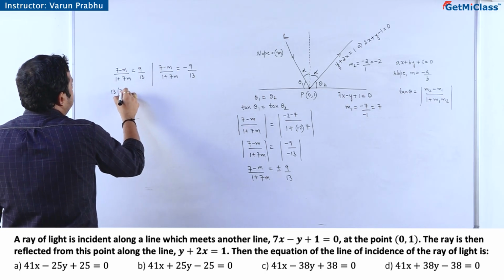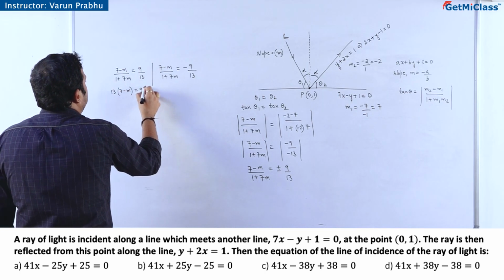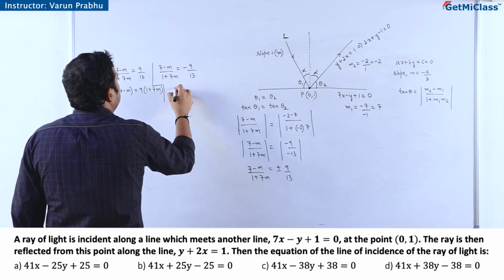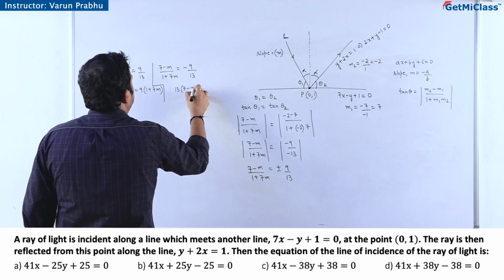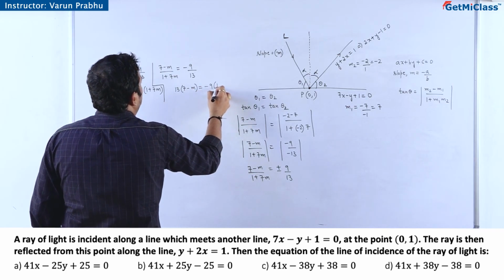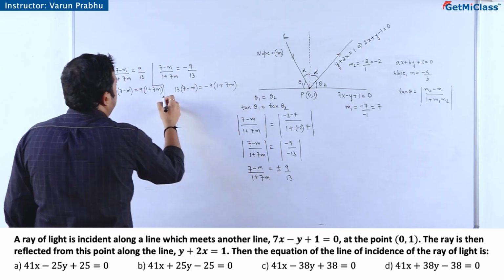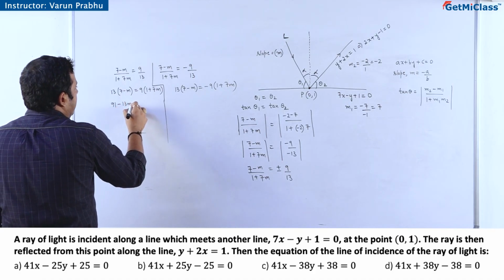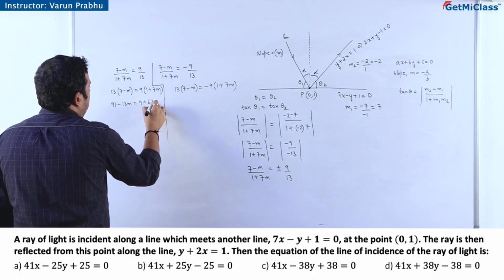So 13 into 7 minus m is equal to 9 into 1 plus 7m, or 13 into 7 minus m is equal to minus 9 into 1 plus 7m. We'll see what value of the slope we get. 13 sevens are 91 minus 13m, that is equal to 9 plus 63m.